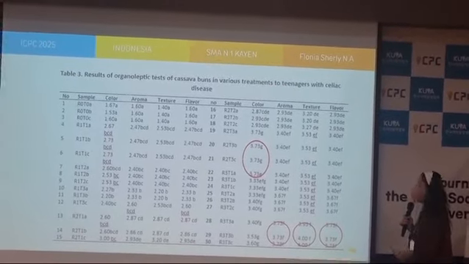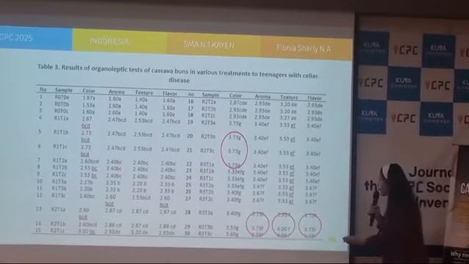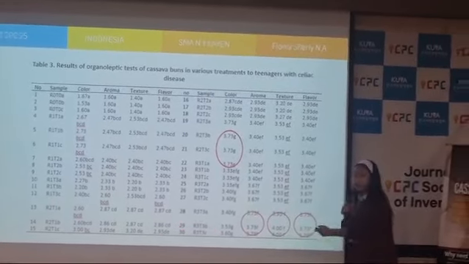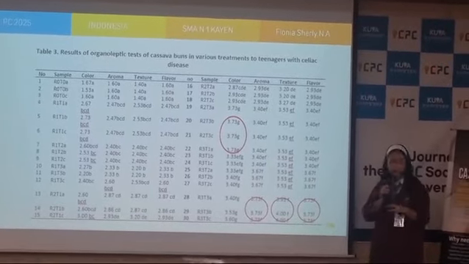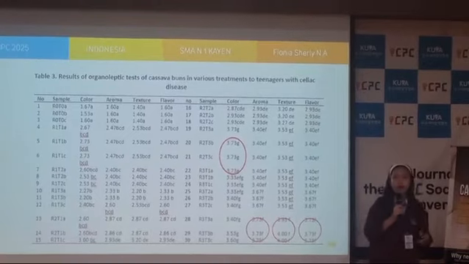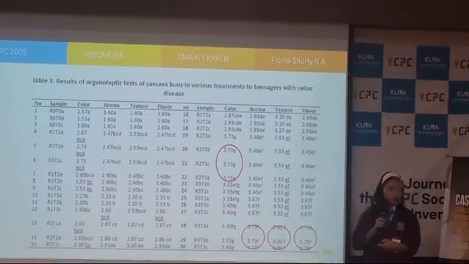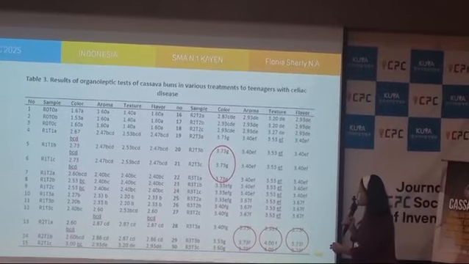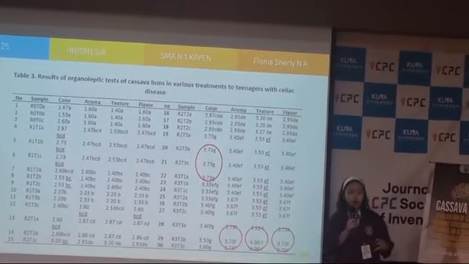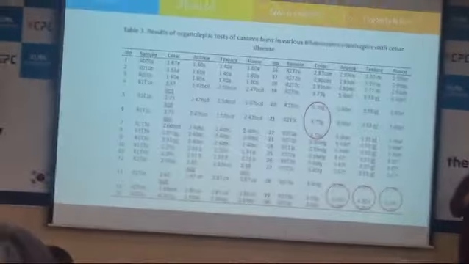In the observation of texture, samples R3T3B and R3T3C are the most preferred in terms of texture. Meanwhile, the other samples exhibit a brittle and inelastic texture.